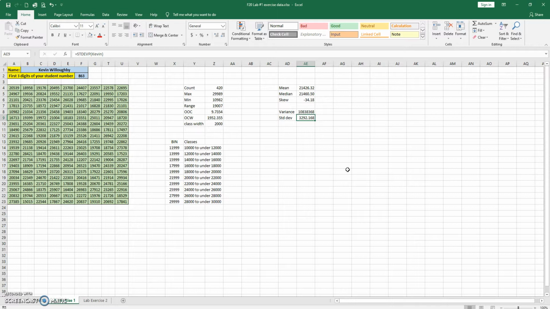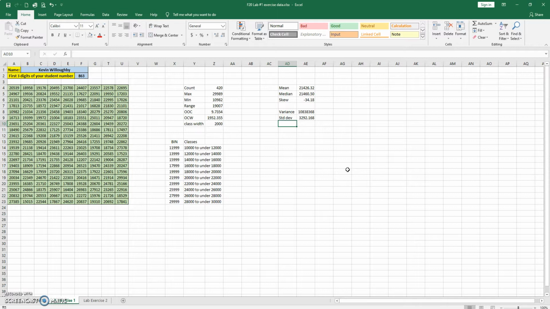We can, however, use the standard deviation to compare how spread out data sets are. If your standard deviation is less than mine, that would mean that my data set is more spread out. If your standard deviation is bigger than mine, it means that your values are more spread out. We can make that comparison because generally our data sets come from the same population and have relatively the same size of values.